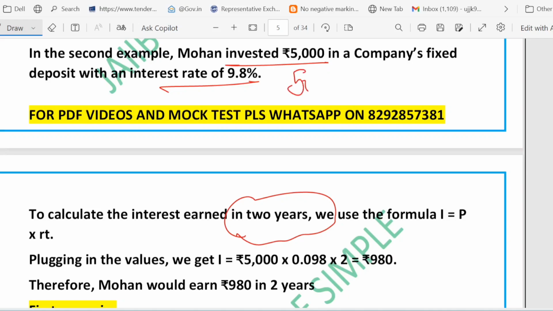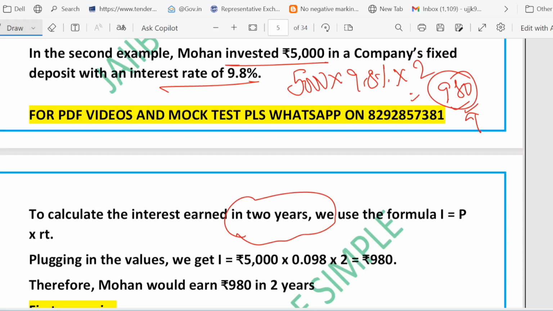Simple. Principal is 5,000, rate is 9.8%, multiplied by 2 years. So this would give us 980. So Mohan earned 980 rupees as interest in 2 years. So the key idea is that simple interest is always worked on the original amount only.